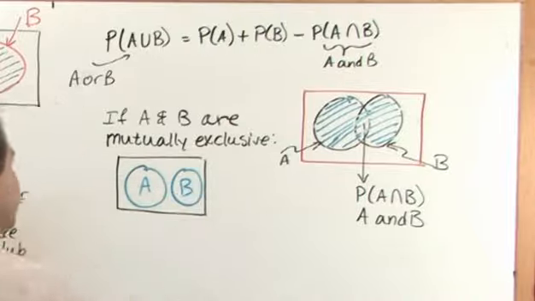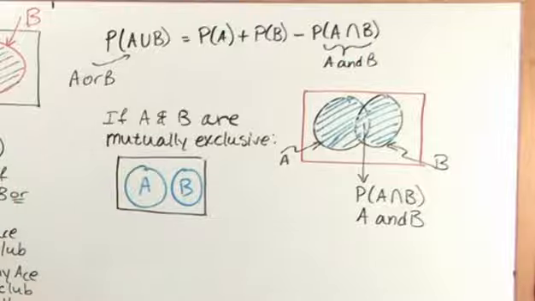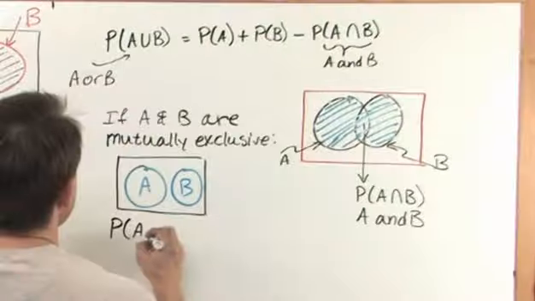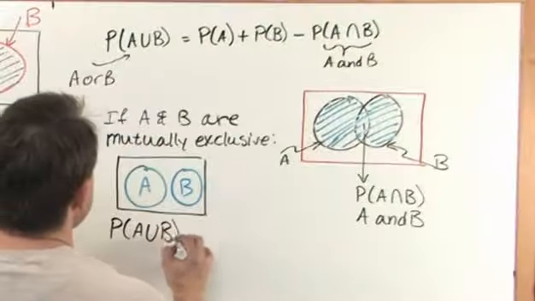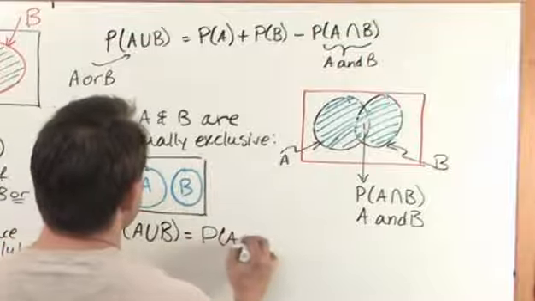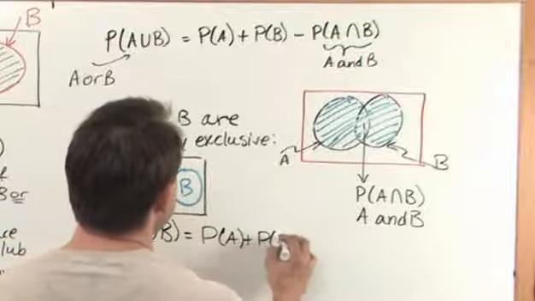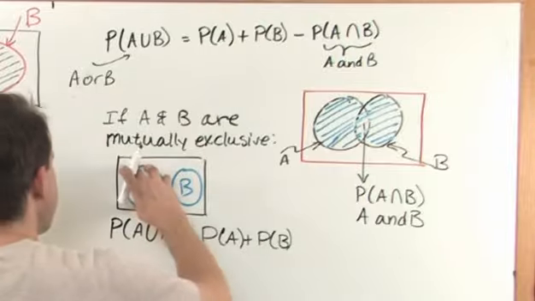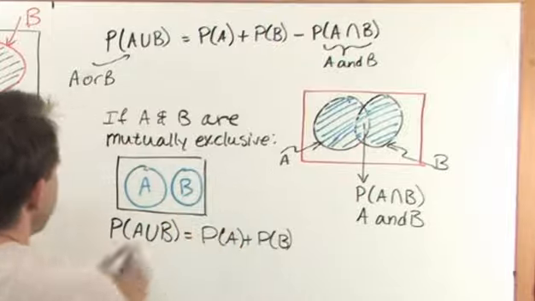There's no intersection here. If A and B are mutually exclusive, then this equation that we wrote here actually reduces. The probability of A or B is equal to the probability of A plus the probability of B. And you don't subtract anything off because there's no intersection here to begin with, so there's nothing double counted. Probability of A plus probability of B if they're mutually exclusive.